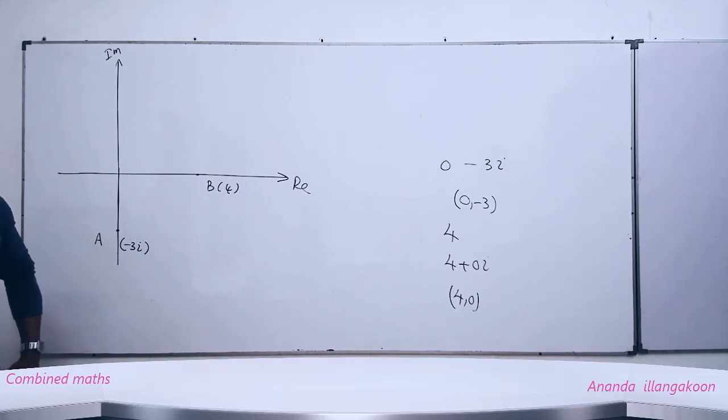Now, the points C and D lie in the first quadrant such that ABCD is a rhombus.